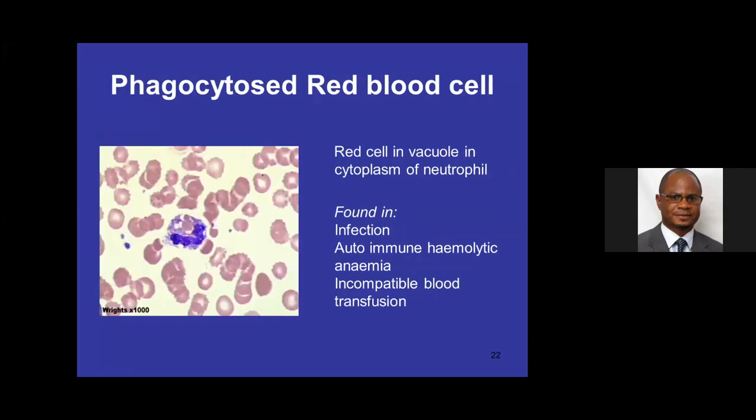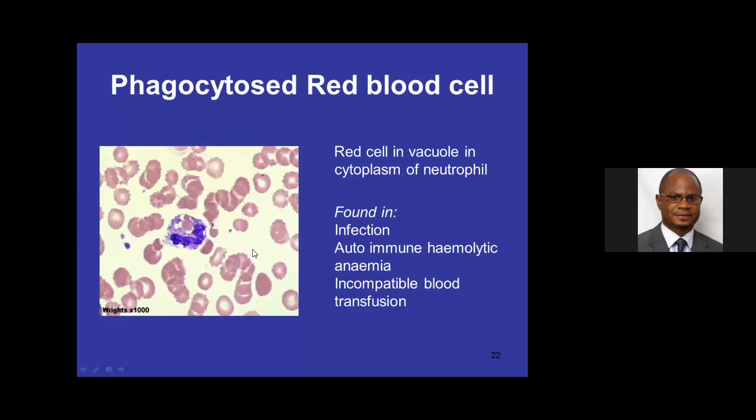Phagocytosed red blood cell. This red blood cell is found in the macrophage. So that is a macrophage, and the red cell is in the middle of it. This one is a neutrophil, with the polymorphic nucleus here, and the red cell is in there. Found in infection.